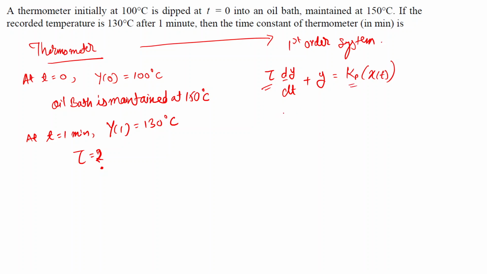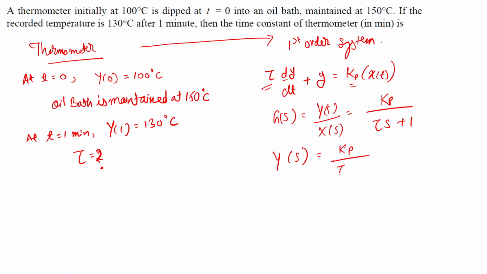If we write this as a transfer function of the thermometer, G of s, which is Y of s upon X of s, that is output upon input, it is equal to Kp upon tau s plus 1. That is, Y of s is equal to Kp upon tau s plus 1 into X of s.